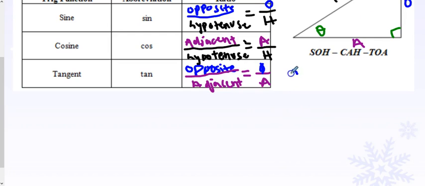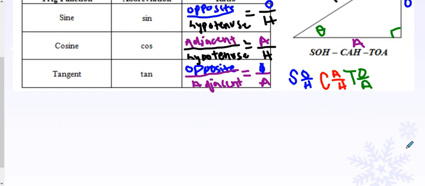I write S for sine is opposite over hypotenuse, and then C for cosine is adjacent over hypotenuse. And then finally, T is O over A for tangent, which is opposite over adjacent.